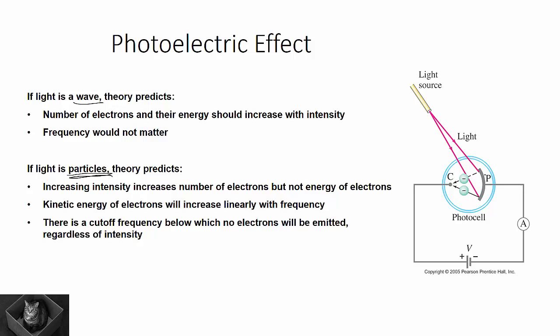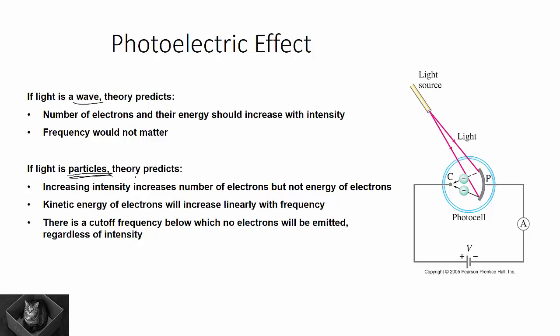Because in order to kick these guys off with a classical theory, that's what we call non-quantum theories, you can just keep adding energy as you keep adding more and more light, and more intense light has more energy, and so you'll be able to kick off more electrons regardless of the frequency of the light.